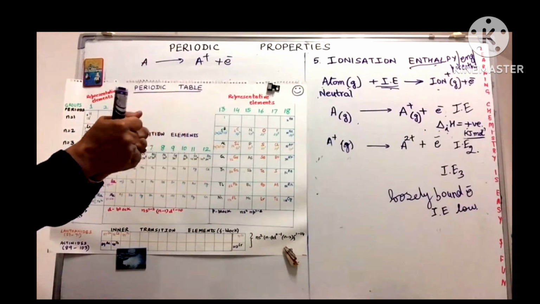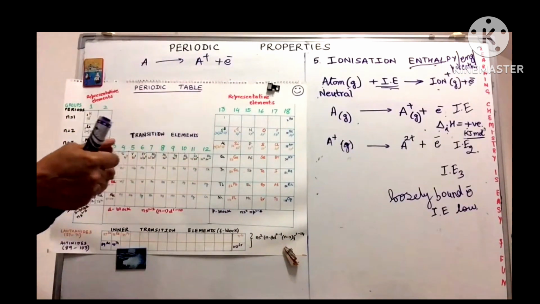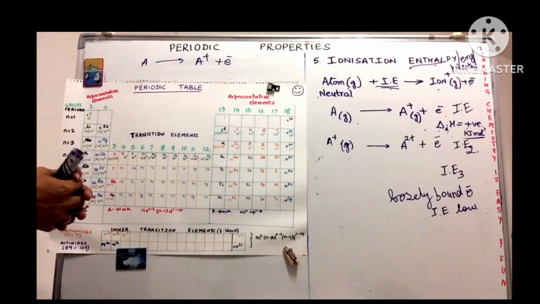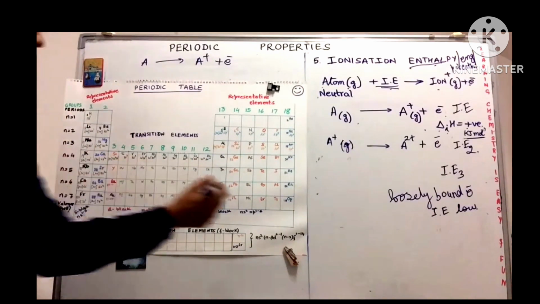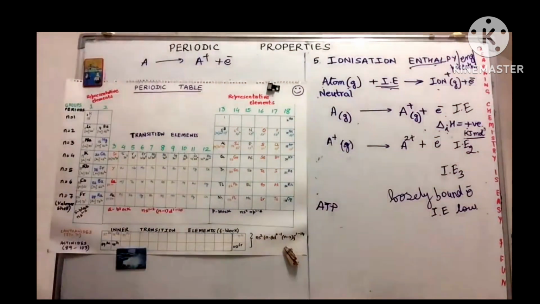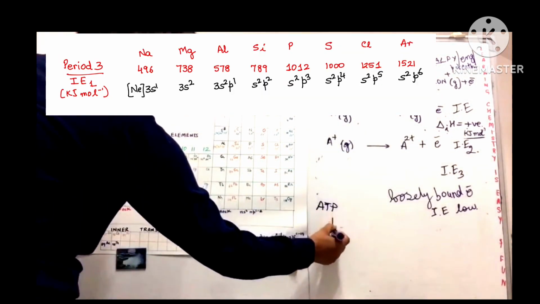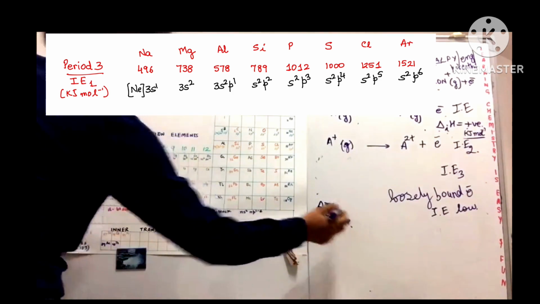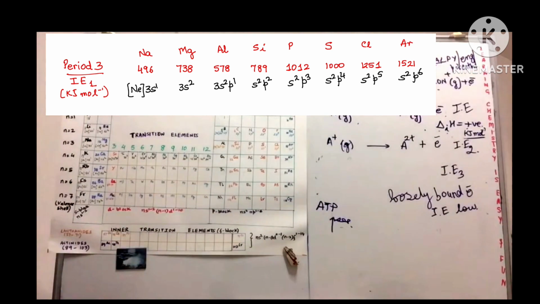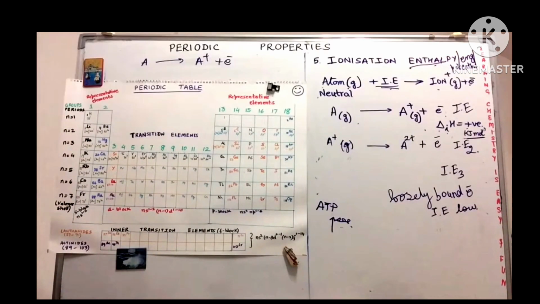More compact means closely attached to the nucleus, the protons, strongly bound by the nucleus. Yes. So across the period, the ionization enthalpy will actually increase because the atomic size is decreasing. Right? Does that make sense?